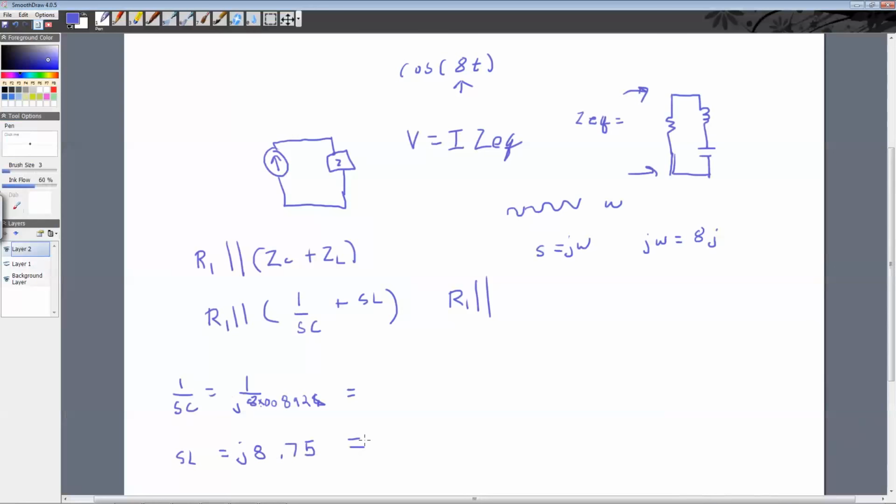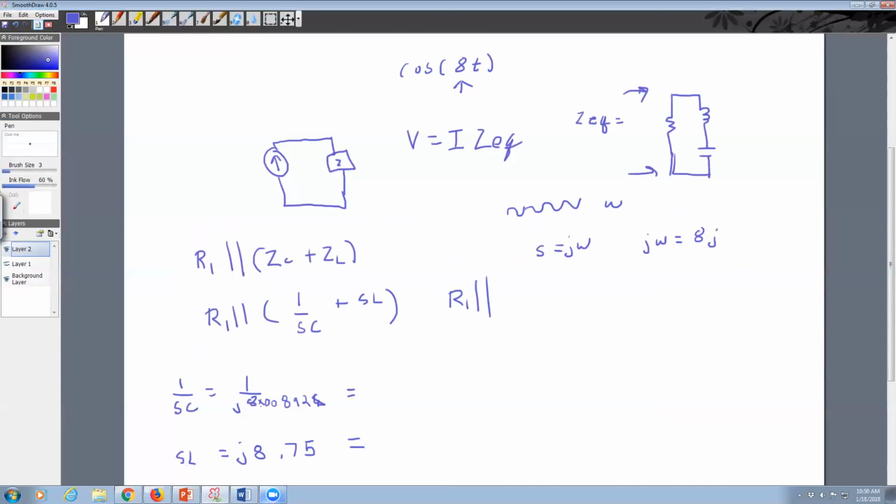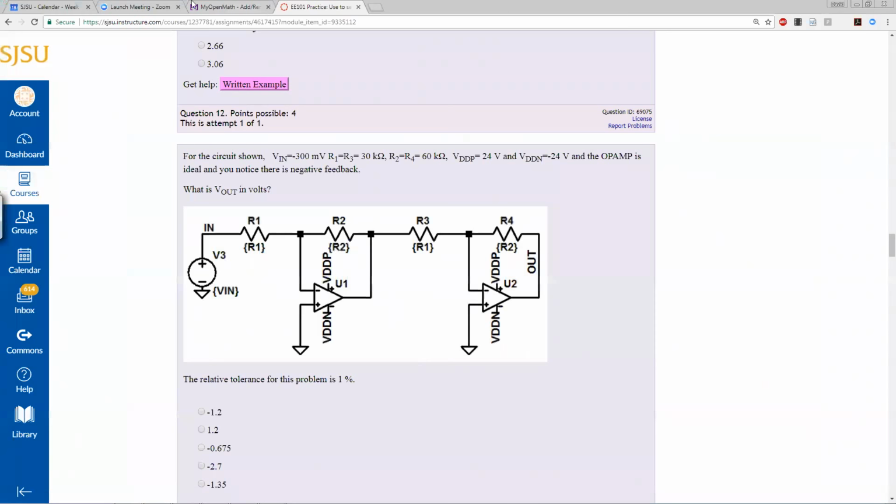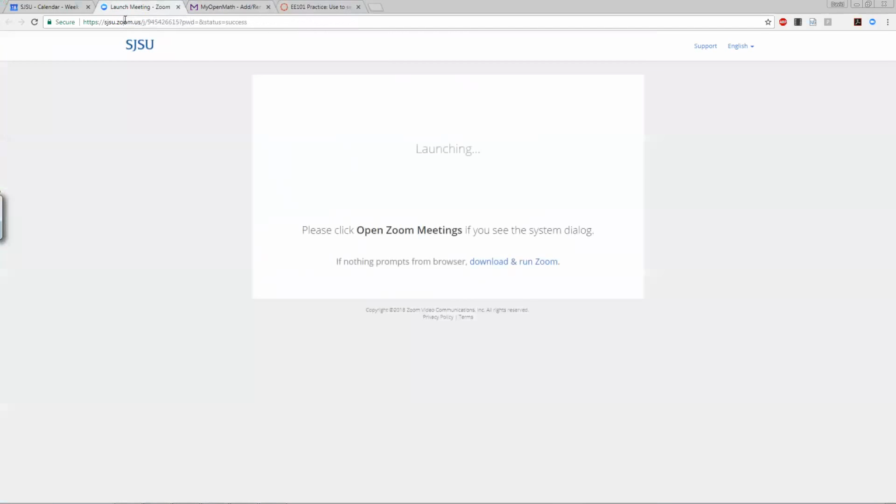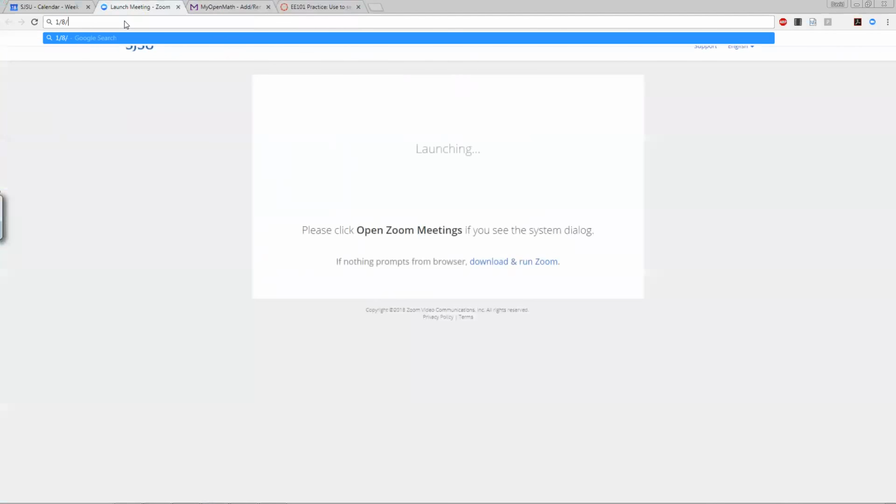Now at this point, you might try to keep it all in equation format, but I just need to use my calculator. So 1 divided by 8 divided by 0.0089.